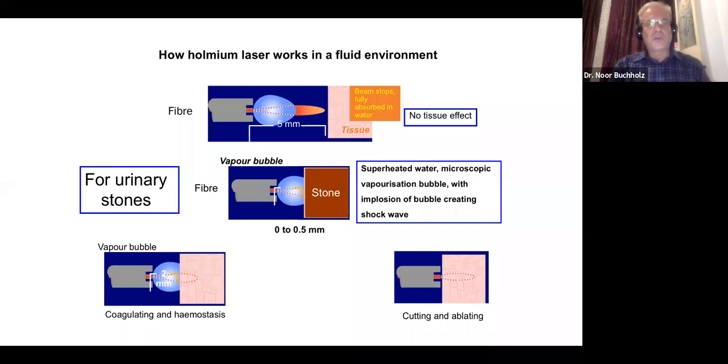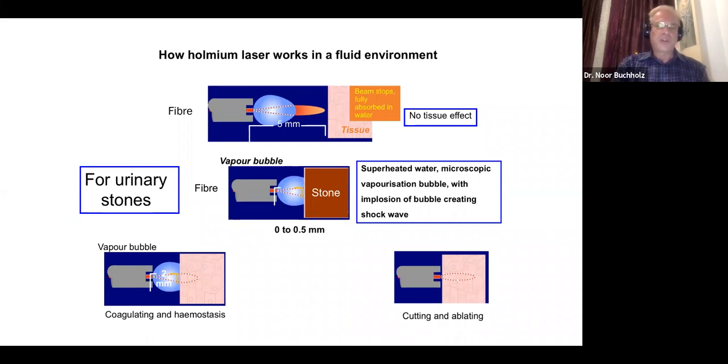So as I said before, the penetration depth is 0.5, so half a millimeter. So if you are, for example, like in the upper picture, 5 millimeters away from the tissue, nothing will happen. The whole laser energy will be absorbed by the target tissue.